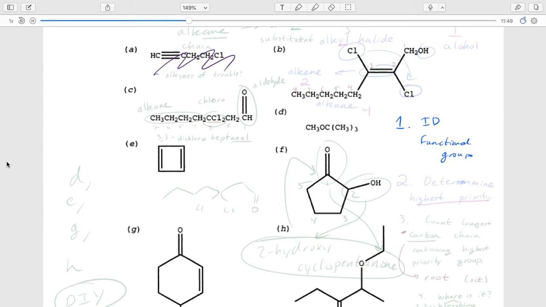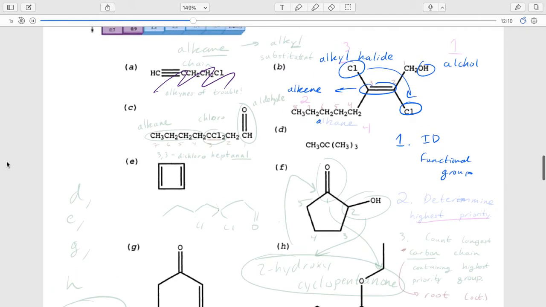So here in B, we see we've got an alcohol, we've got an alkyl halide, we've got this alkene, and we've got 2 alkyl halides, and of course we've got this alkane chain sitting over here.